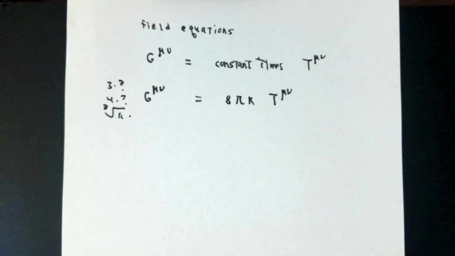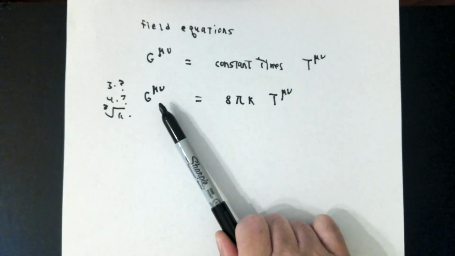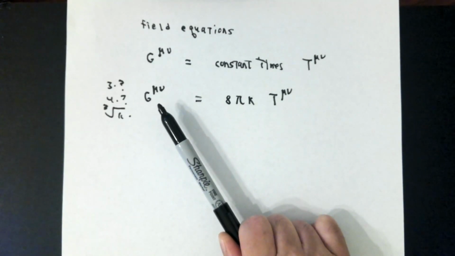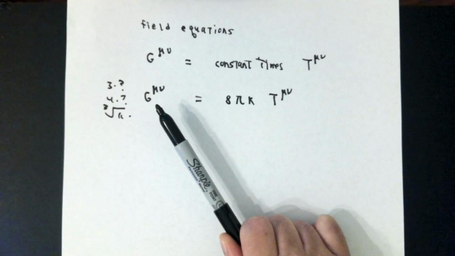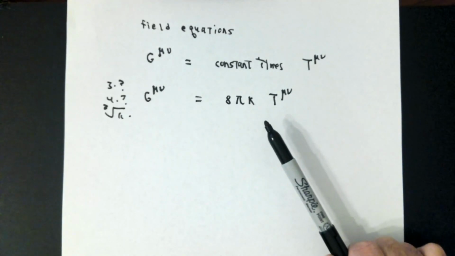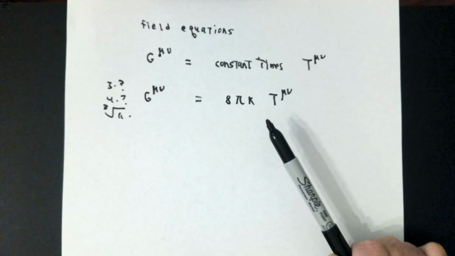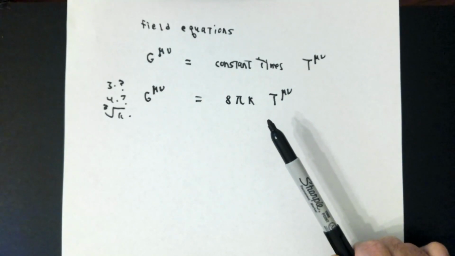For this to successfully reduce down into the Newtonian situation, this must simplify down into the Laplacian of the 0, 0 component of the metric. That's what we figured out. That would be, in the weak field approximation, 2 times the Laplacian of the potential, and dividing the 2 out would give you Laplacian of potential is 4 pi times Newton's constant times, in the weak field case, the mass density.